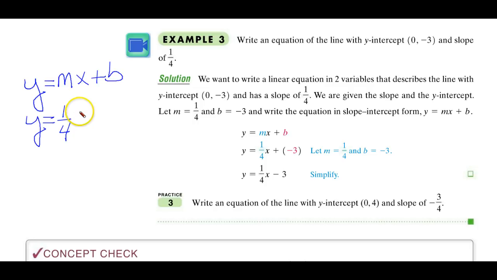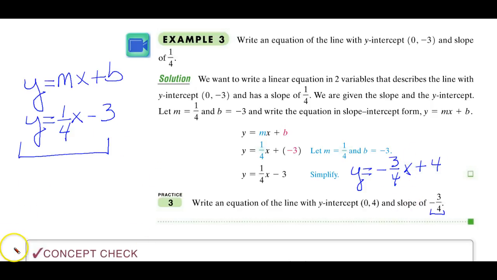Now you need to include the x, and then now your y-intercept, we just put the y value, which is -3. And there's our equation. And for this one, it would be y equals, again, the slope is -3/4. Need to put in the x, and your y-intercept is 4.